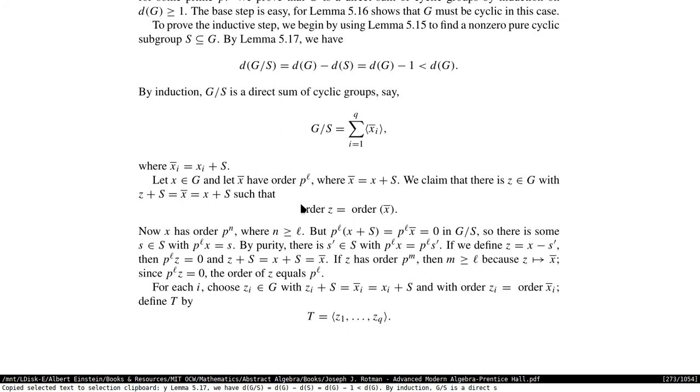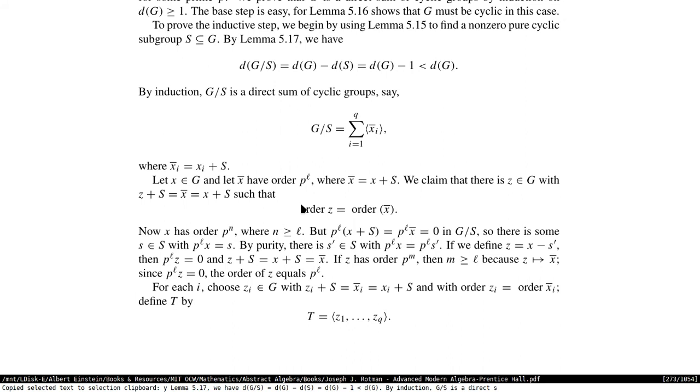Okay, now for each i, choose a zi with zi plus s being equal to xi plus s. You can do the same thing from the beginning, like he does for z1, x1, and then he does for zi. So it follows the same condition. The order of zi is equal to the order of the coset generated by xi.